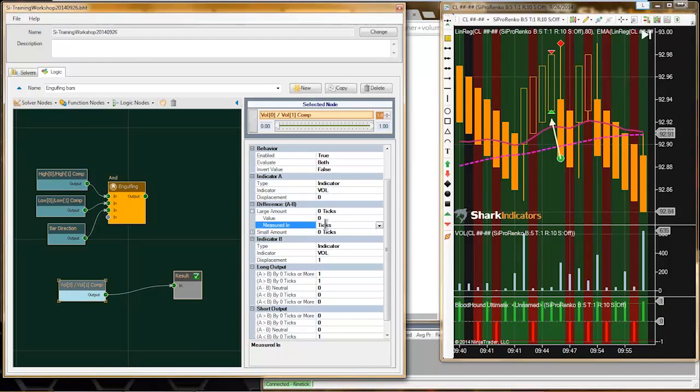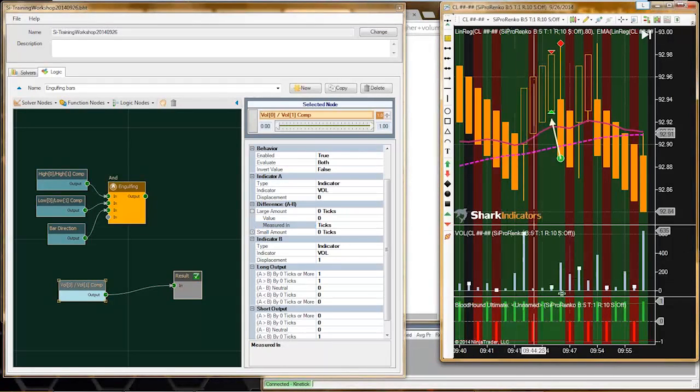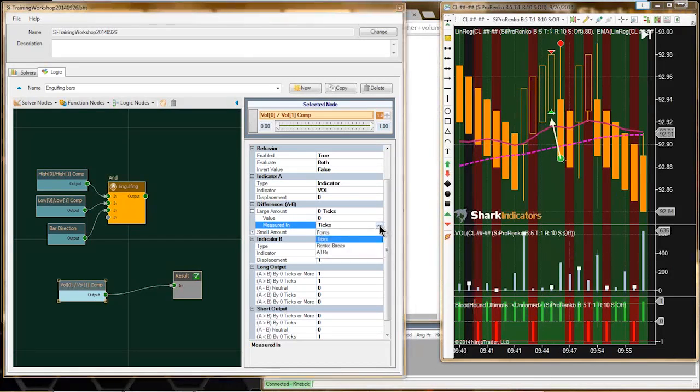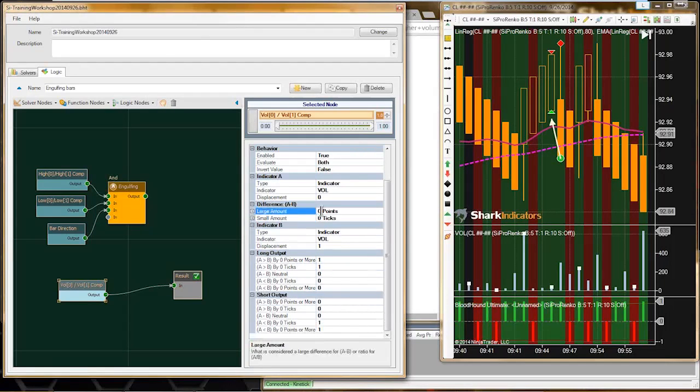So with an indicator, if the indicator that you're looking at is not working on the price panel, then you're not going to want to use ticks, right? If your indicator is down below on a sub panel, you're going to want to change this from ticks to points. So let's say we want our volume.